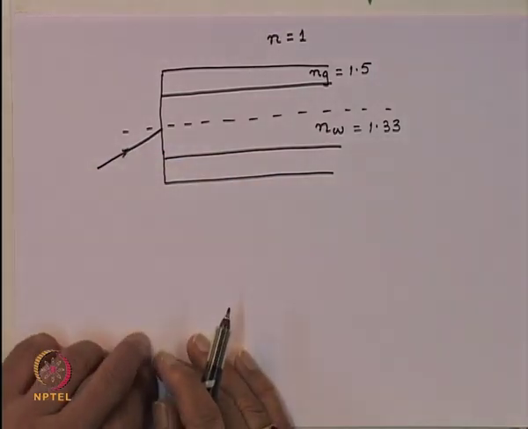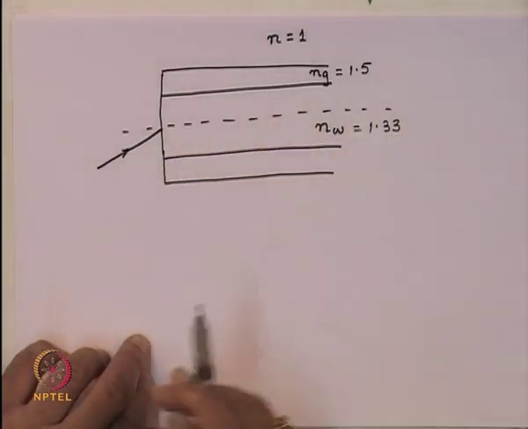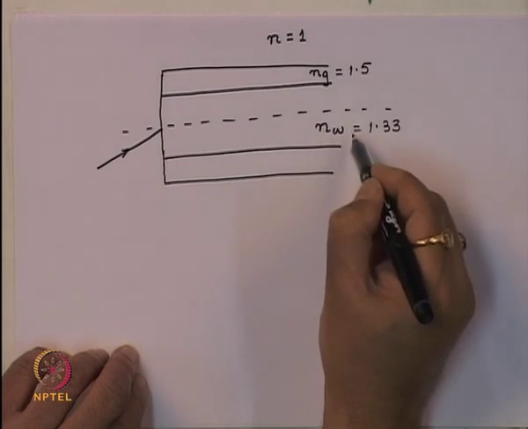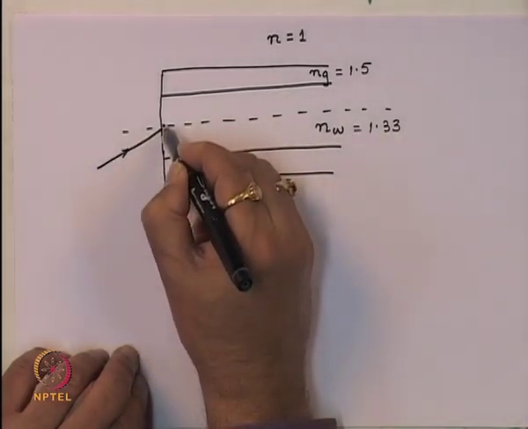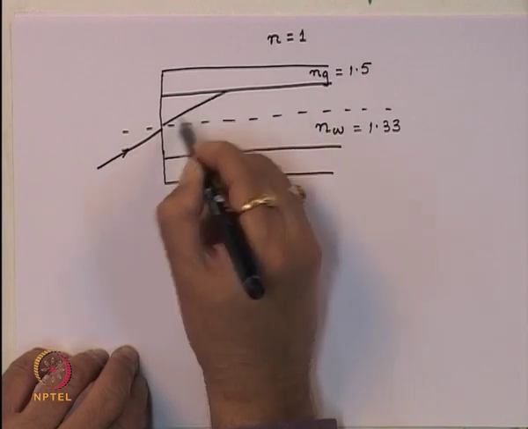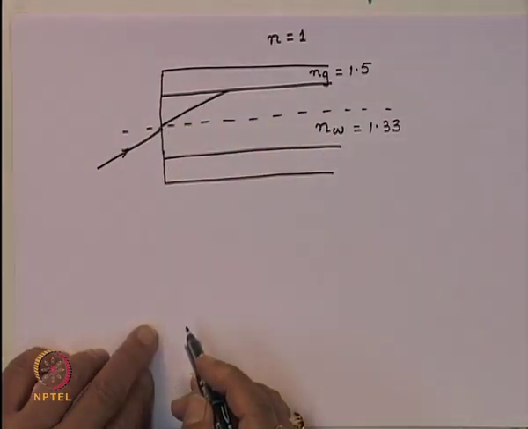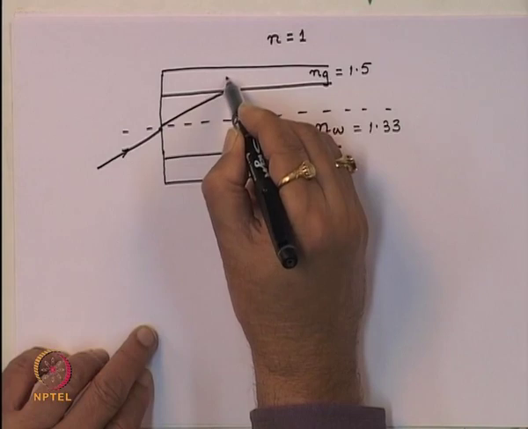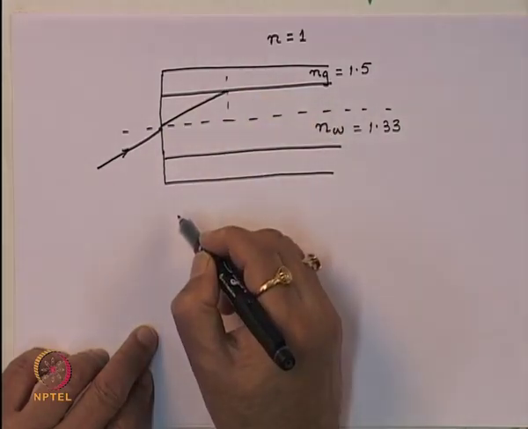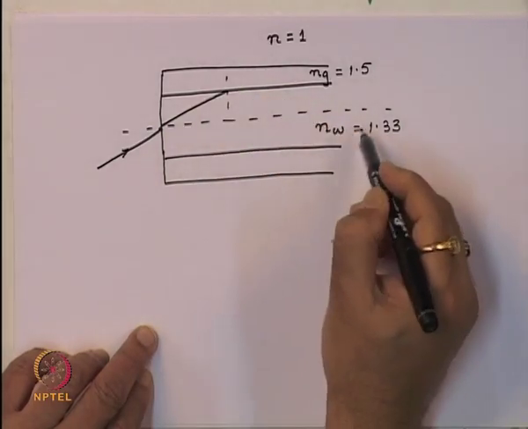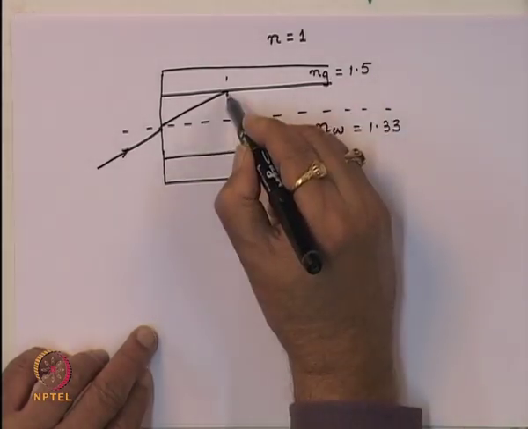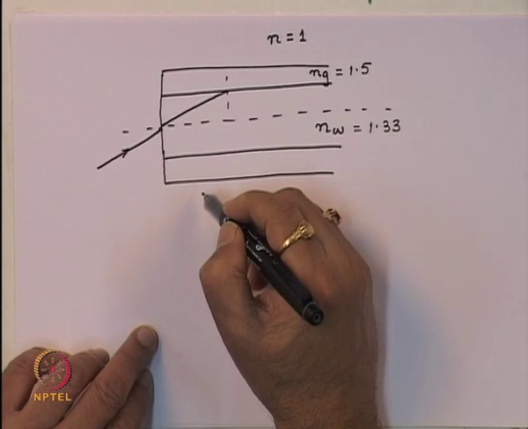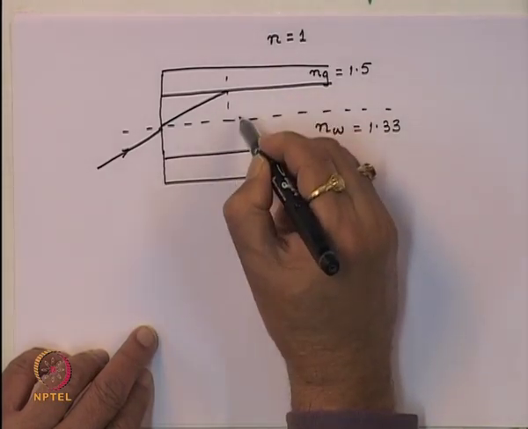So, let us say I launch a ray from here inside the tube, inside this water. Since the refractive index of water is higher than this, the ray will bend like that. Now, at this point, since this angle cannot be greater than the critical angle, because this refractive index is smaller than this, the ray is going to be refracted, and now this is a denser medium compared to this.